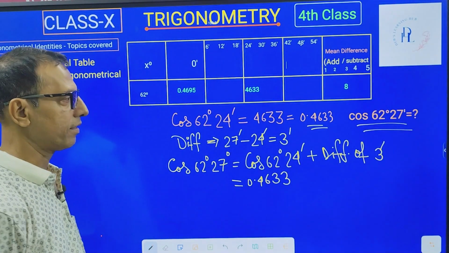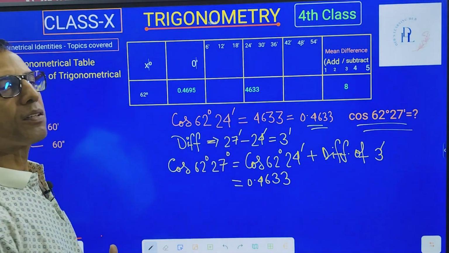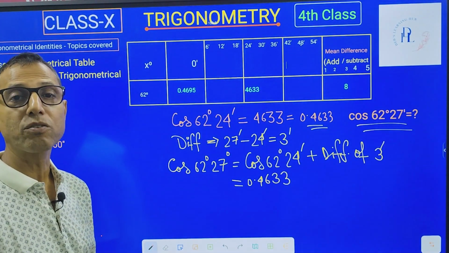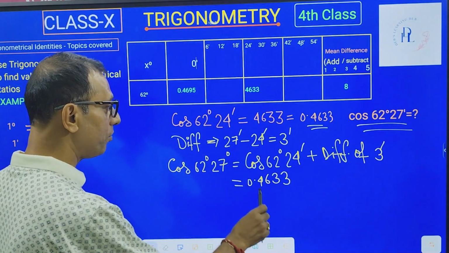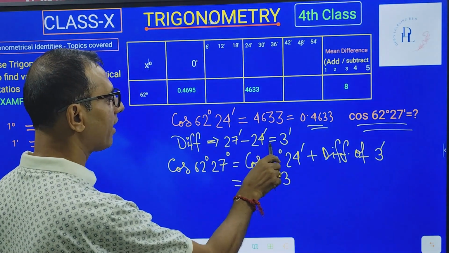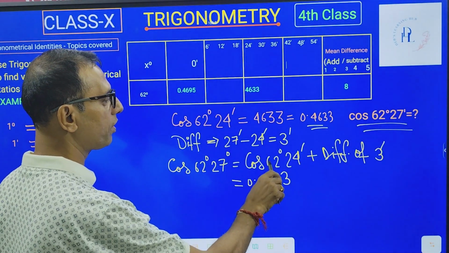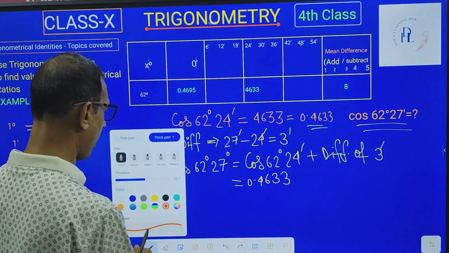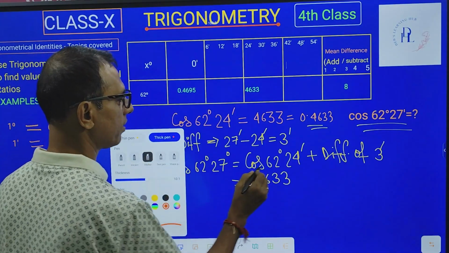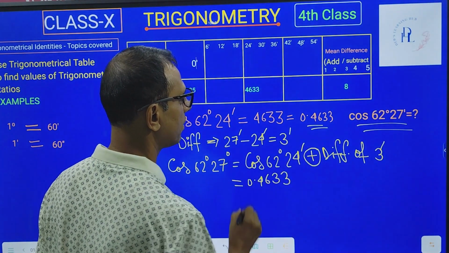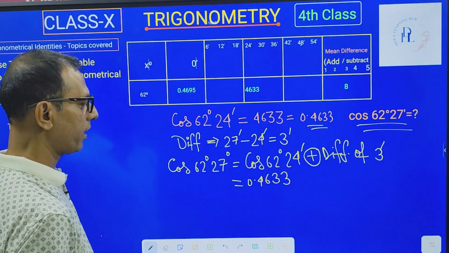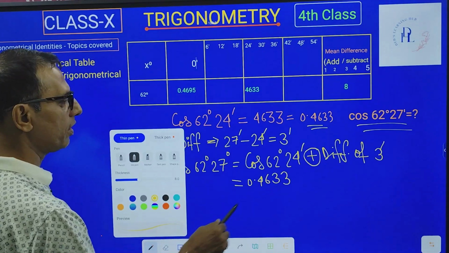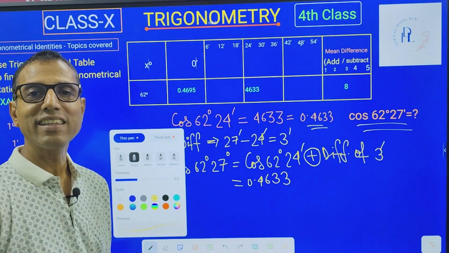Now from the main table that value is given, but for the mean difference, you need to decide whether to add or subtract. Since you are increasing the angle, 62 degree 24 minute plus the difference of 3 minute, this plus implies that you are adding to the angle value.